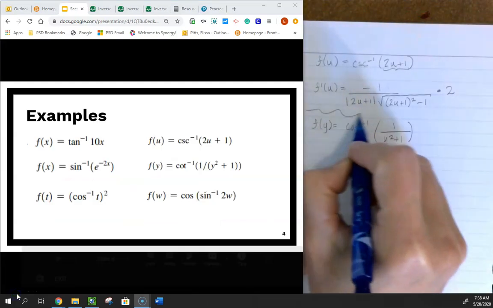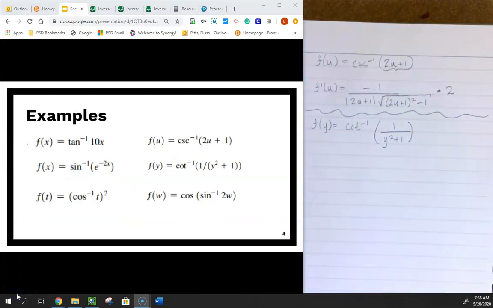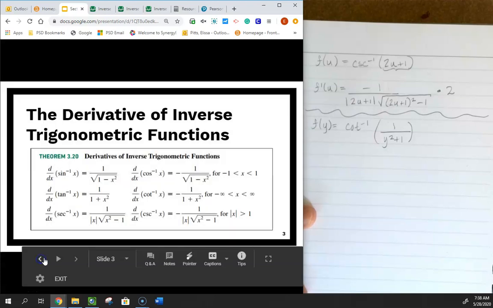F of y equals the inverse cotangent of 1 over y squared plus 1. Let's go back to that screen.